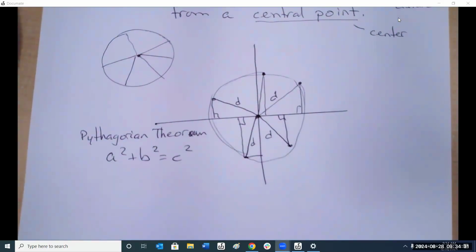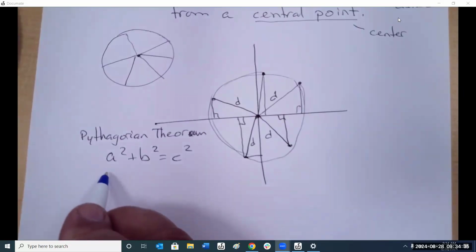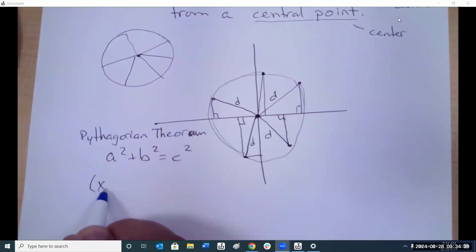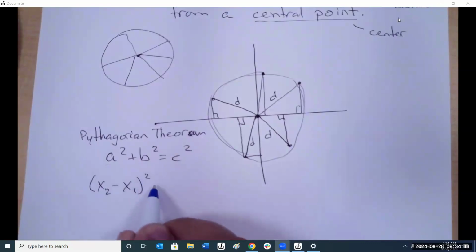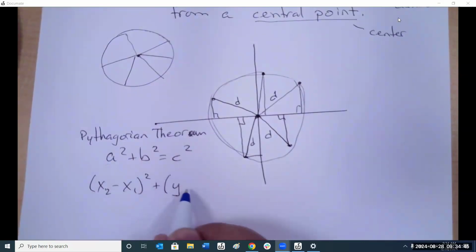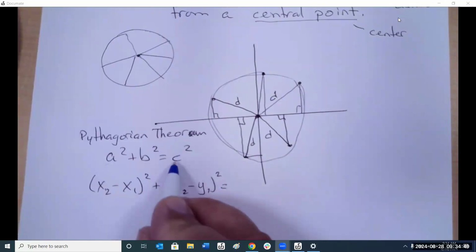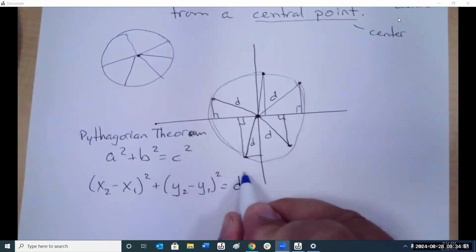A squared plus b squared equals c squared. Where a was x2 minus x1, and b was y2 minus y1, squared. And c is now the distance.